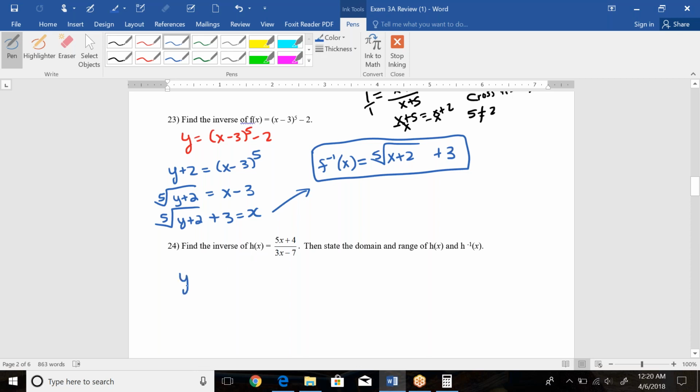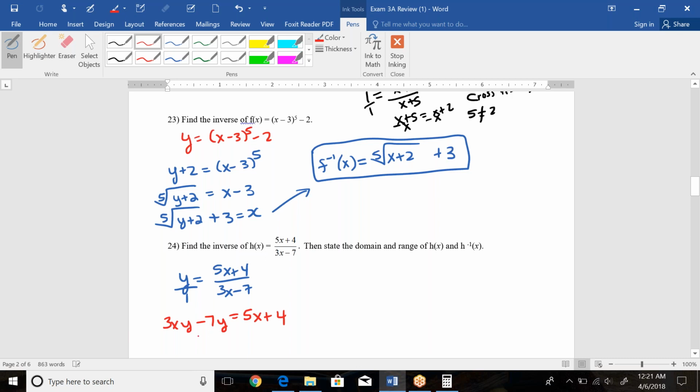We have y equals (5x plus 4) over (3x minus 7). Now the problem here is you're trying to solve for x and you have 2 of them. So the best way to do this is to cross multiply first, just to get rid of the denominator. So this would be 3xy minus 7y equals 5x plus 4 times 1.